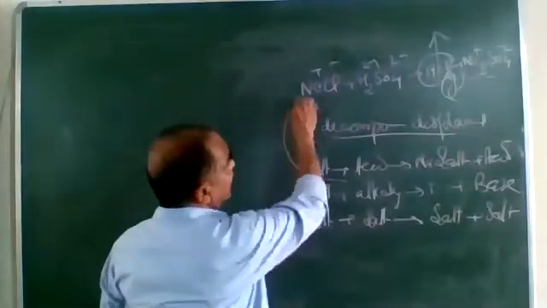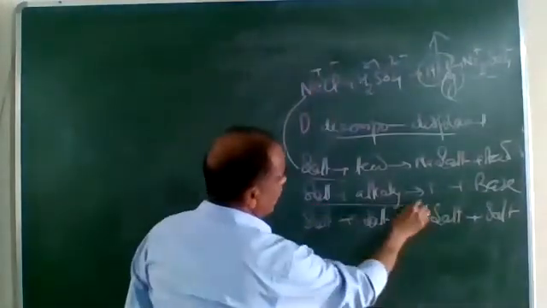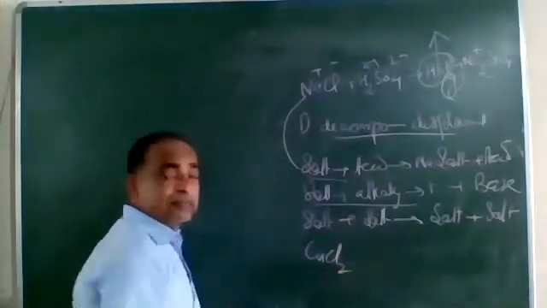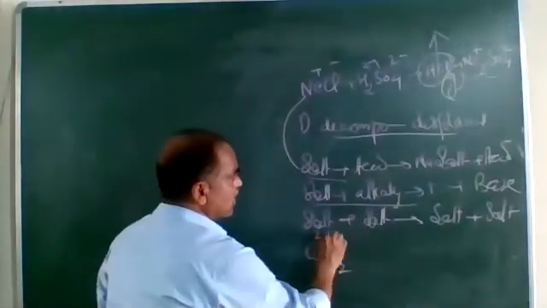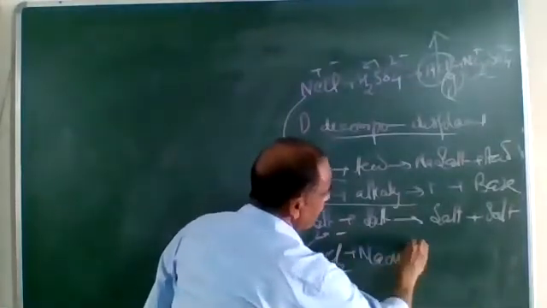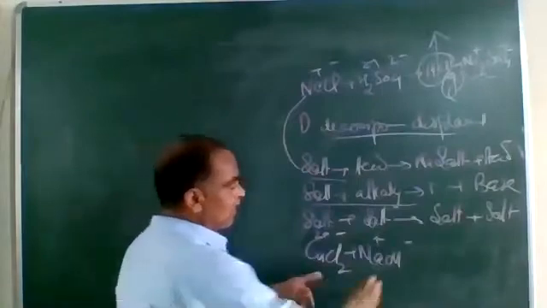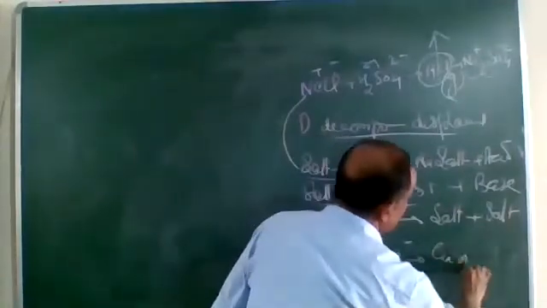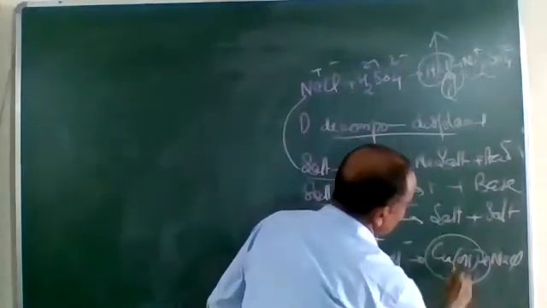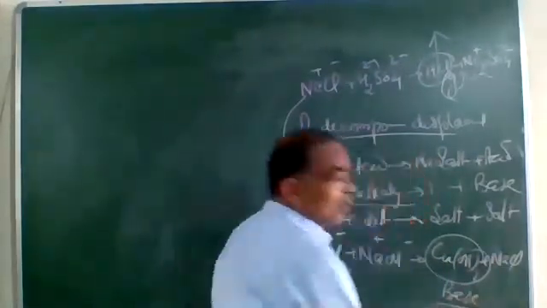This is what I have taken, salt plus acid. The next one is salt plus alkali. Let's take this one, copper chloride, that has got Cu2+ and Cl-, plus NaOH, which is an alkali, Na+ and OH-. And when the products are seen, we will be getting Cu(OH)2 plus NaCl. Now this is a base that is insoluble.